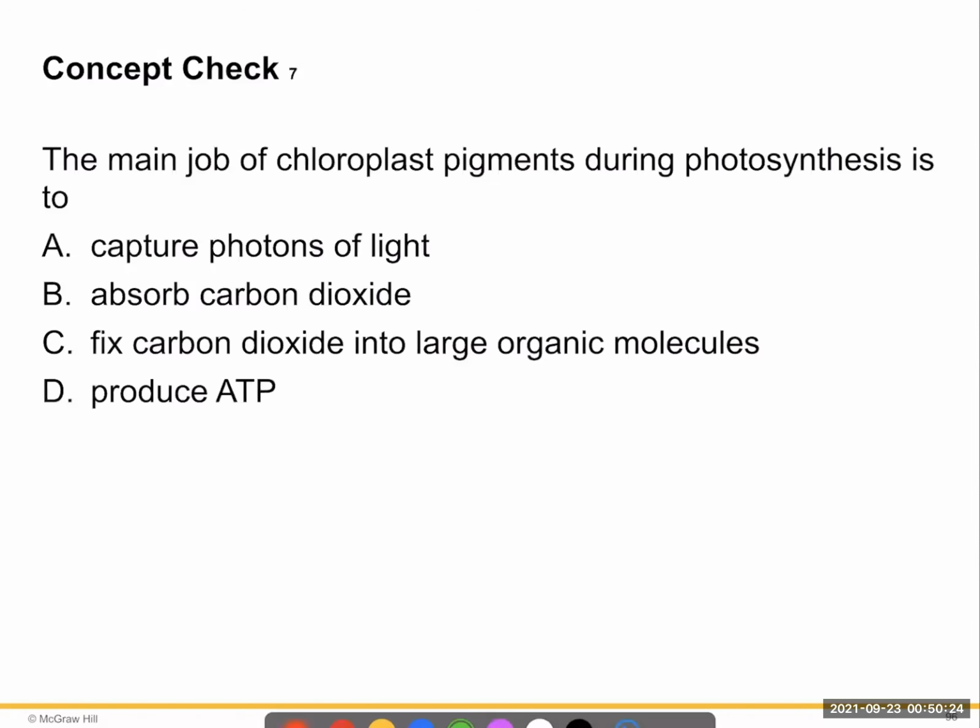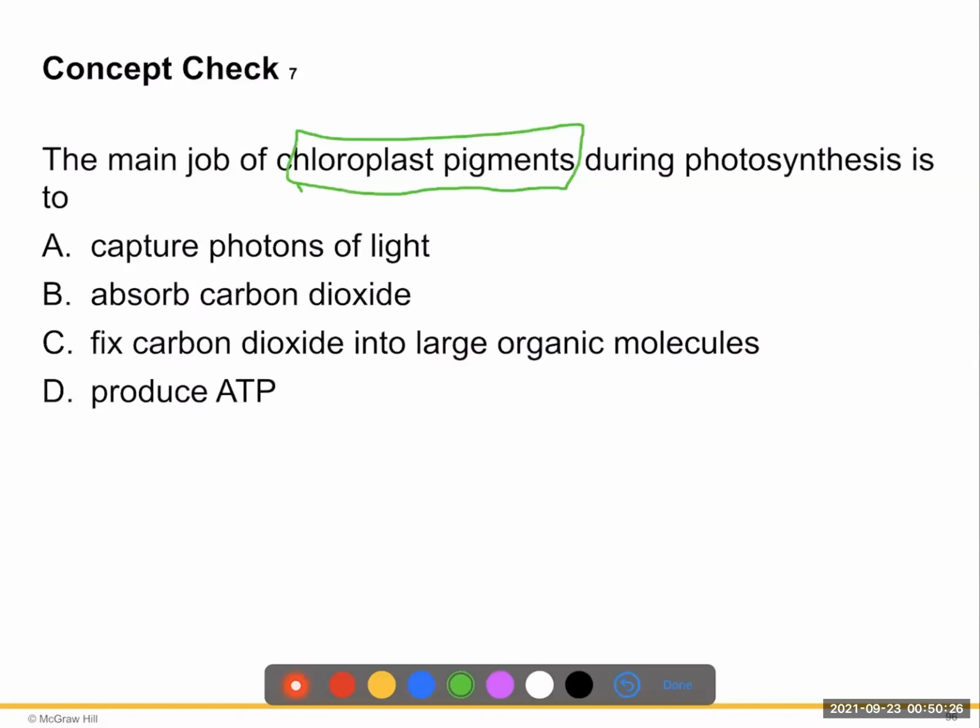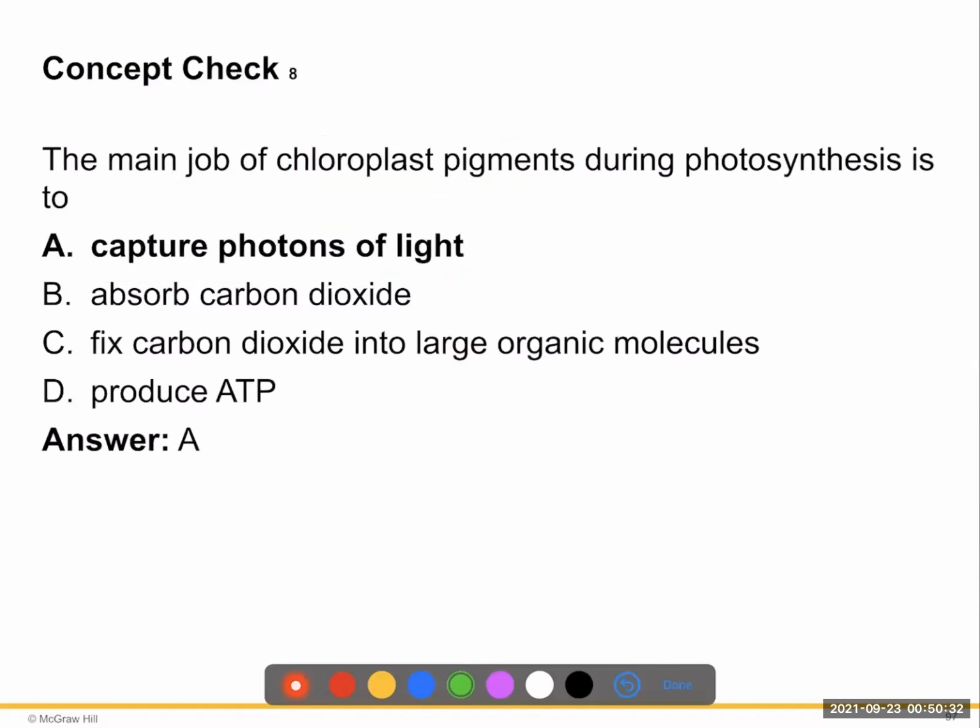The chloroplast, the green, what does that do? The color captures light. Chloroplasts capture photons of light. Carbon dioxide is absorbed through the openings in the leaf. Fixing carbon is done using ATP to fix the pyruvic acid into a 6-carbon molecule. And we actually use ATP up in the process.